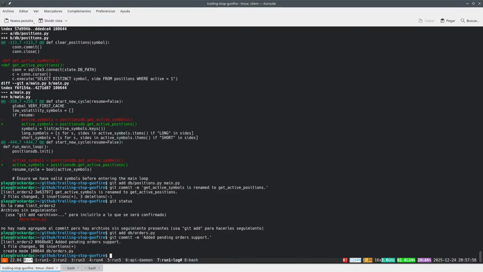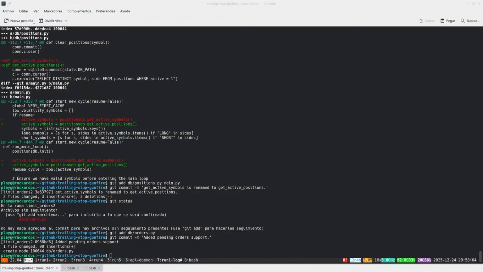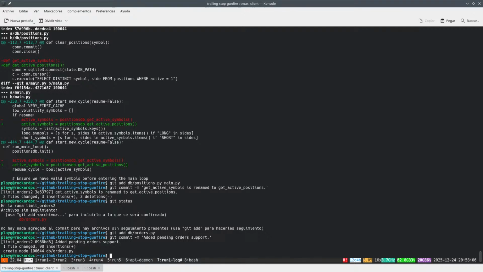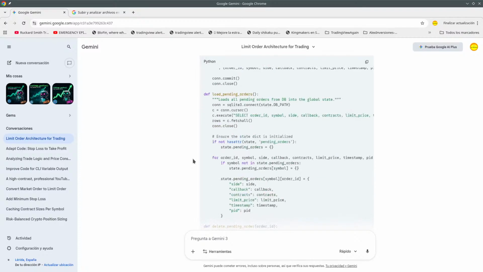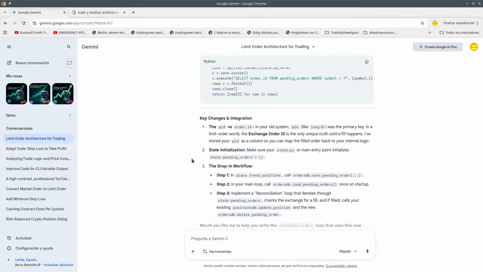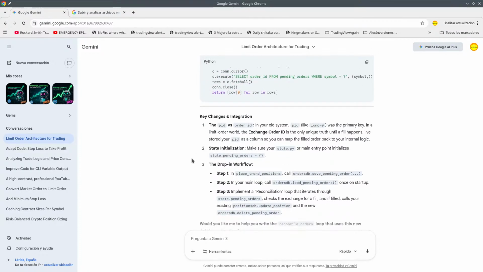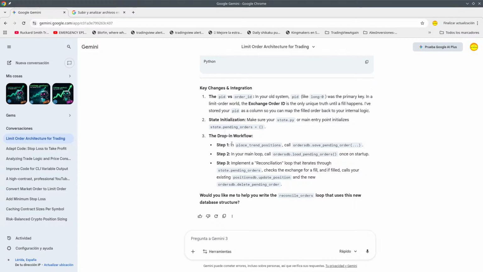Yeah. So once we have this db orders.py, there's this thing about pending orders, which is the active positions thing, I guess.